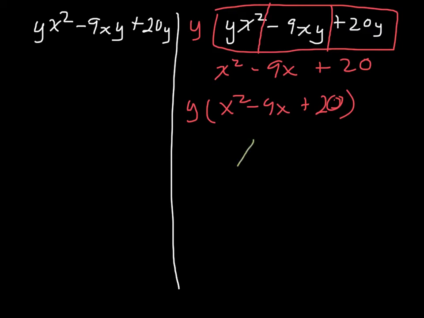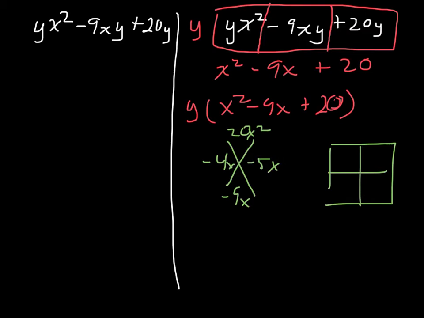So I'm going to go like this, and on top I get 20x squared, and on the bottom I get negative 9x. So I'm going to have negative 4x and negative 5x. My generic rectangle gives me x squared, 20, negative 4x, negative 5.